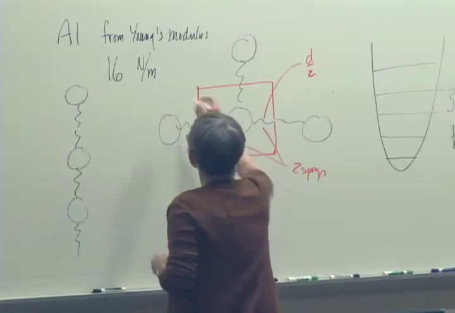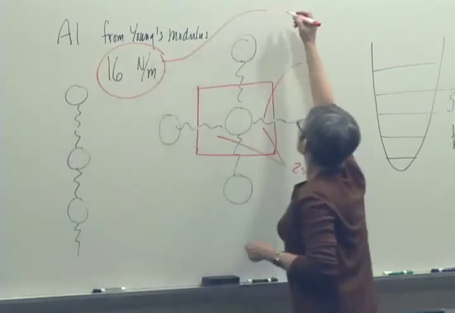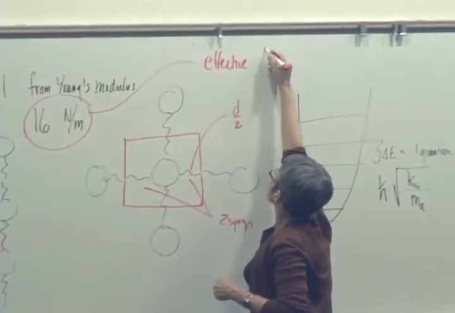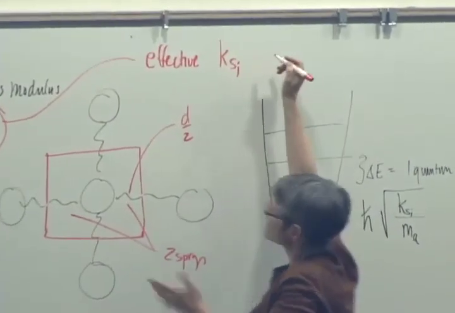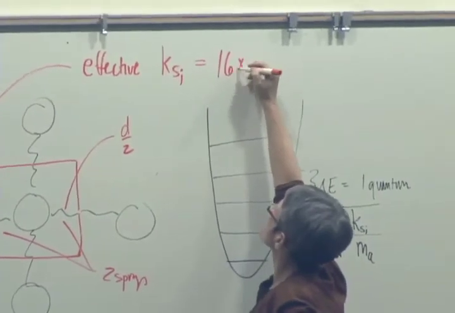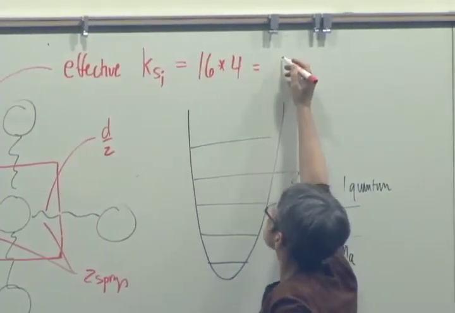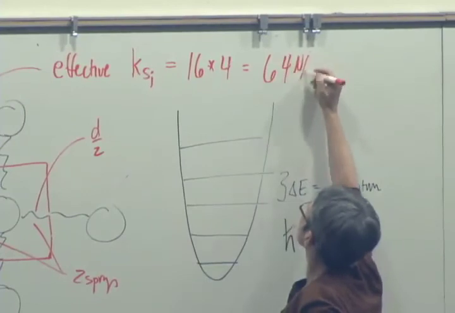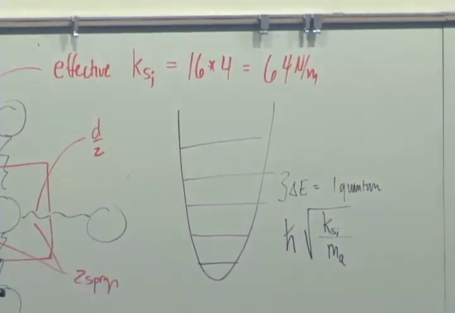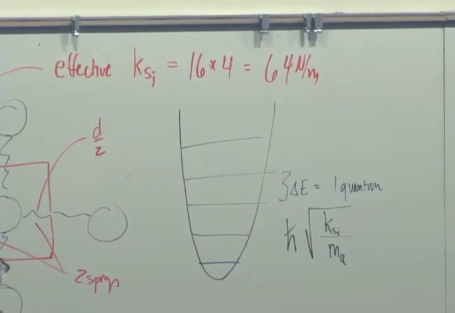So in this model, the effective interatomic spring stiffness, thinking about it this different way, would actually be 16 times 4. It would be 64 newtons per meter. Not a big difference, but we might as well take the model seriously.